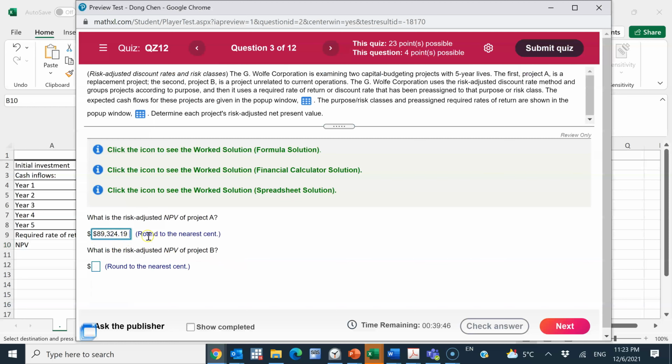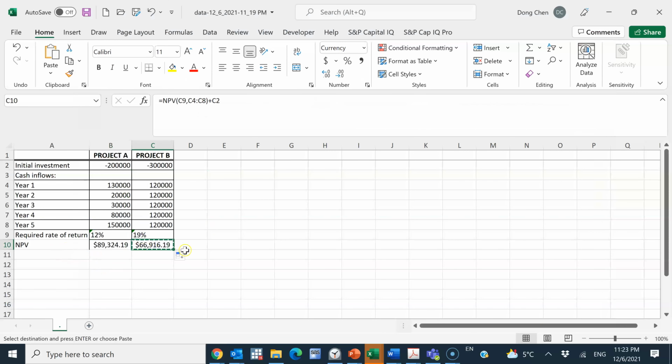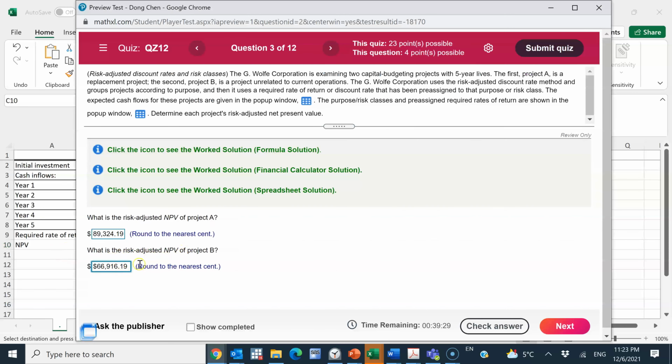Notice that I also kept 2 decimal places to correspond to this rounding requirement. And don't forget to get rid of the dollar sign. Also copy the number for NPV of project B back, get rid of the dollar sign, and check my answer.